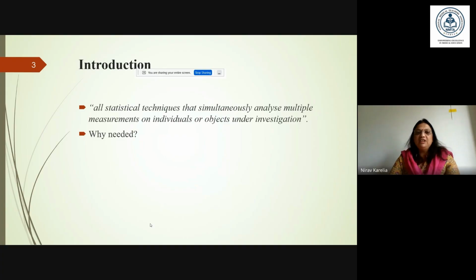That is why it is needed to learn and apply this method in our research.